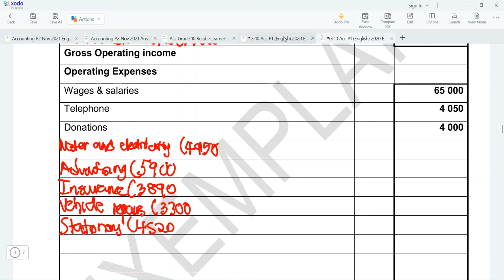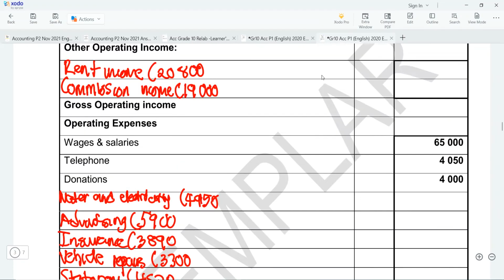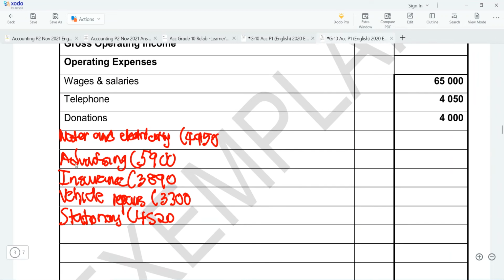We also have our packing material 2,110. Okay, so do we have packing material here? It is not written, so we'll have that packing material 2,110.